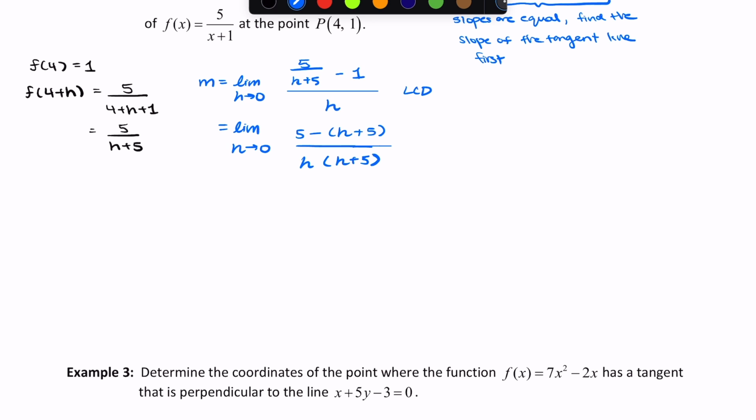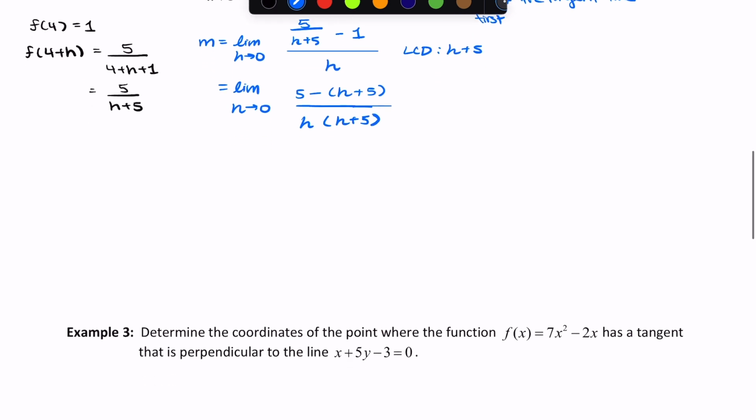We can rewrite it now as 5 minus (h plus 5) over h times (h plus 5). So the lowest common denominator here is h plus 5. Here, if we simplify this, the limit as h approaches 0 of 5 minus h minus 5, the 5 and negative 5 will cancel out. And at the bottom, we're still left with h plus 5.